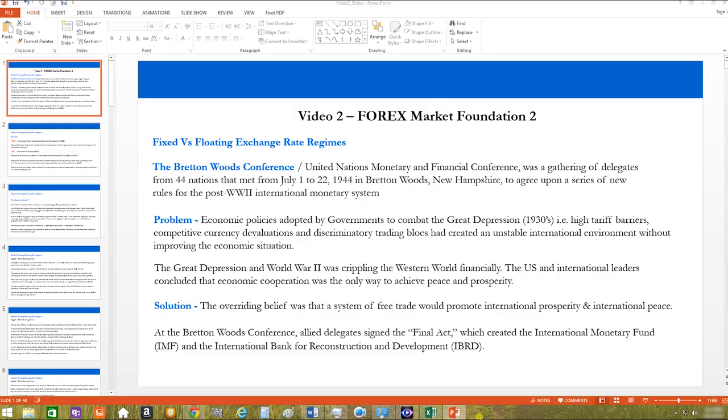So whether they were concentrated dependency or diverse, so not dependent on one or two commodity prices. So the way in which we've started defining our opportunity set is one of the reasons why we're starting to look at fixed versus floating exchange rate regimes, so we can really understand the underpinnings and get a good foundation of understanding as to what the differences are between these regimes and what the nuances are between these regimes. This will allow us to build out our opportunity set more with confidence and understanding.